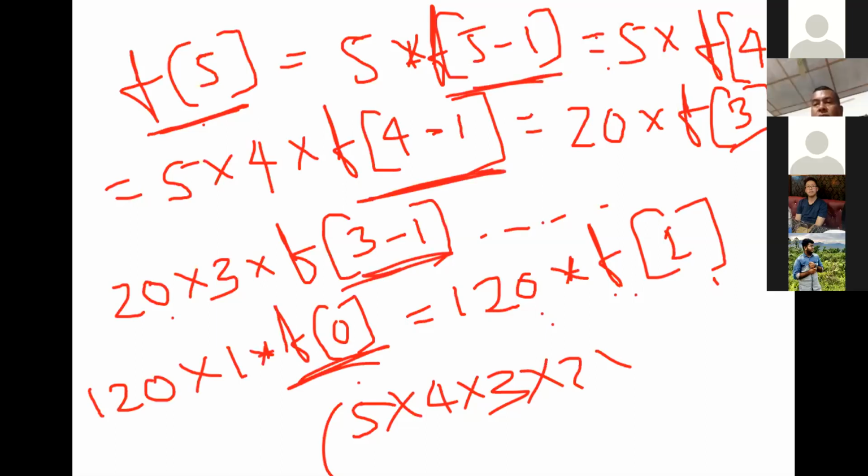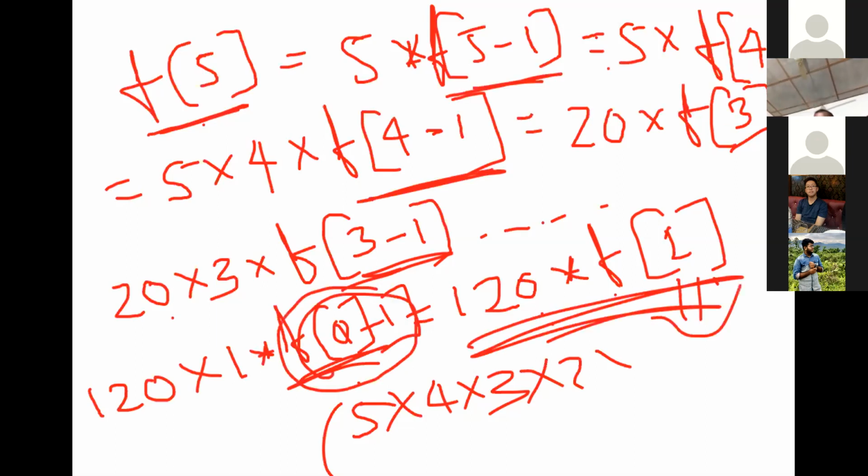But generally this term is not required. So f of 1 ultimately is the terminal point also. 1 factorial is also 1. And this process is called recursion.